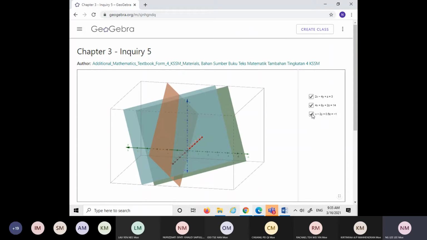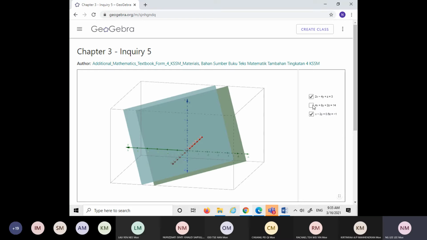Why? Because you can see the third plane and the first plane are parallel. If I get rid of the second plane, you can see the first plane and the third plane are parallel. If they go in a parallel way, they will not intersect with each other.